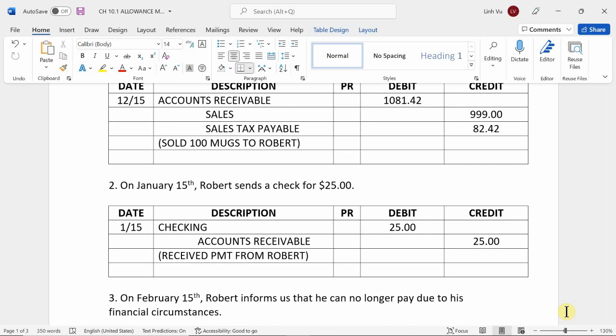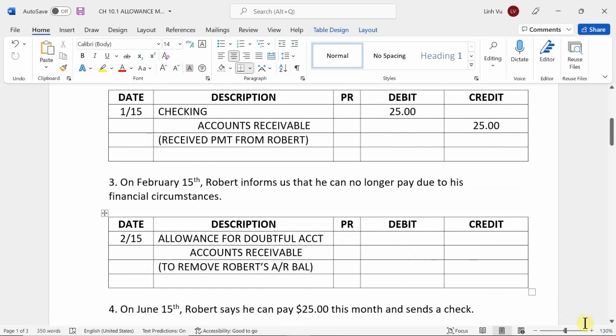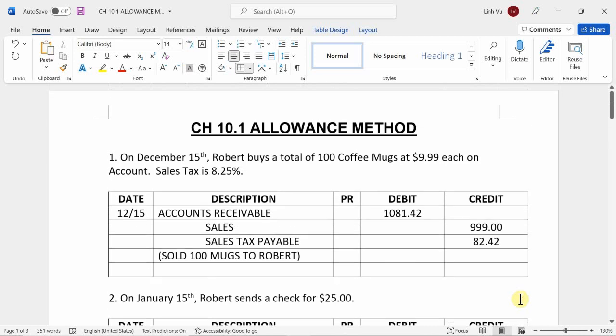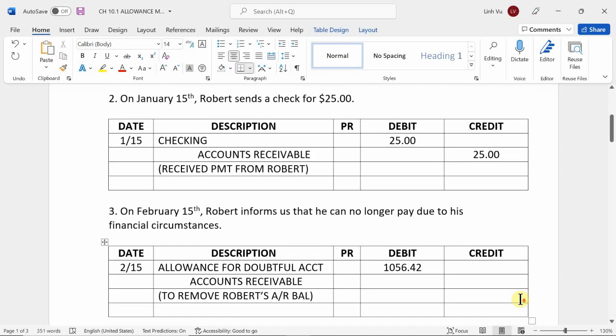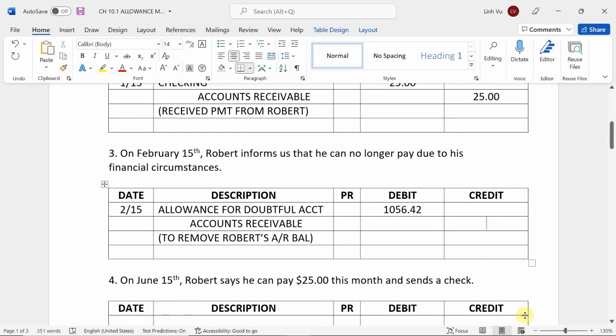To give me 1,056.42. So that is how much Robert owes me.